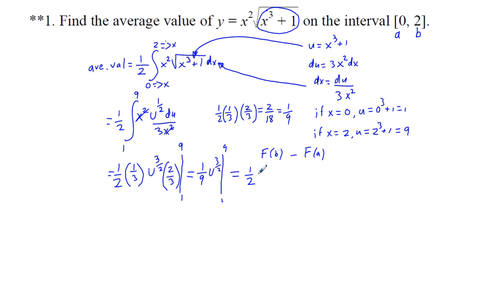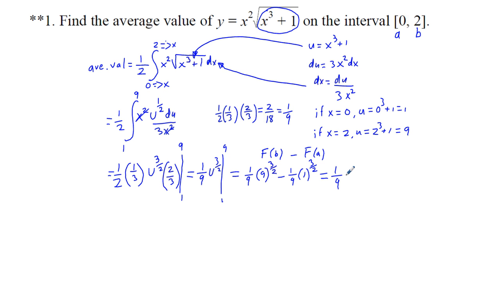We're going to have 9 to the power of 3/2. And we're going to subtract out 1, I said 1/2. I meant to put 1/9. There we go, that looks better. Minus 1/9. We're going to have 1 to the 3/2.